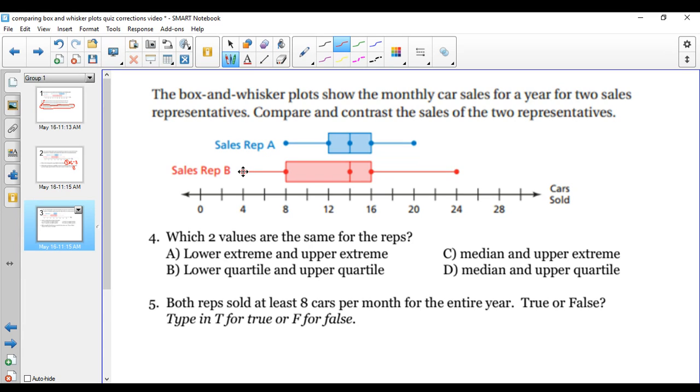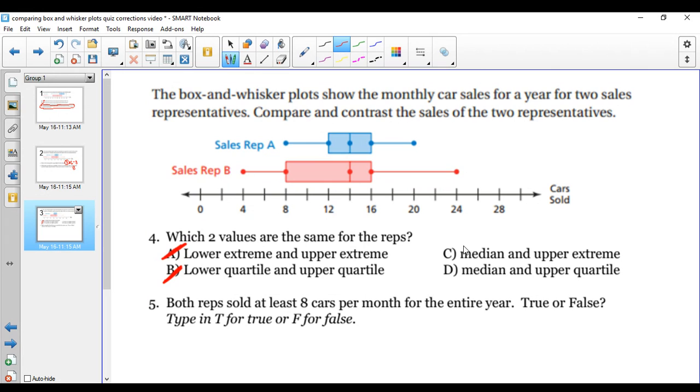The lower extreme for B is 4. So already I can say they don't have the same lower extreme. So I know that's not going to be correct. Okay, choice B says lower quartile and upper quartile. Well, the lower quartile for sales rep A is 12, and the lower quartile for sales rep B is 8. So that wouldn't be true.